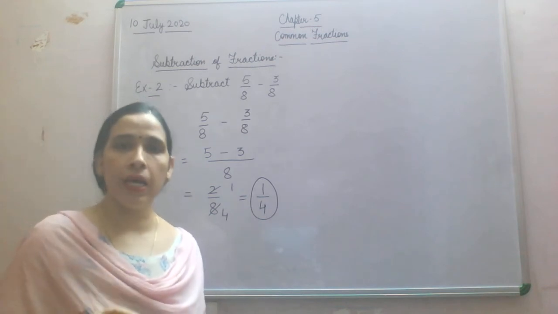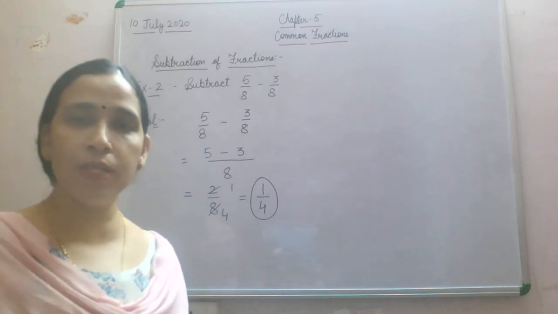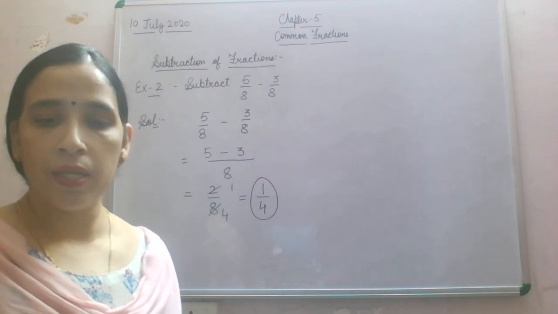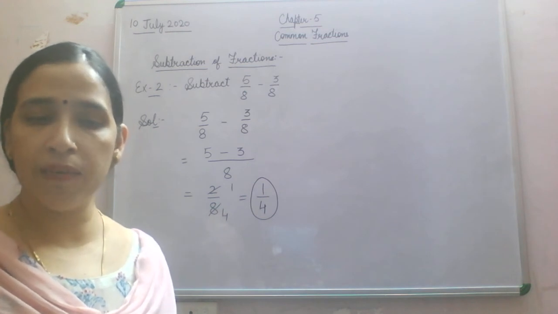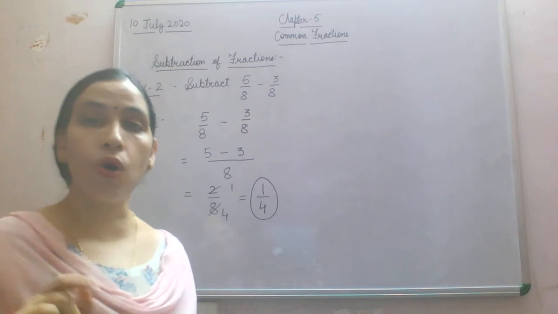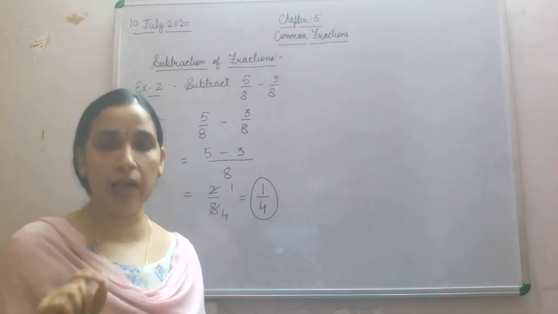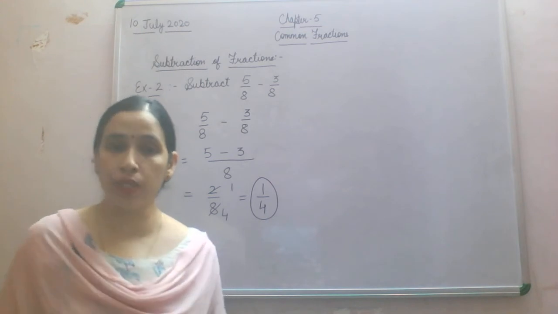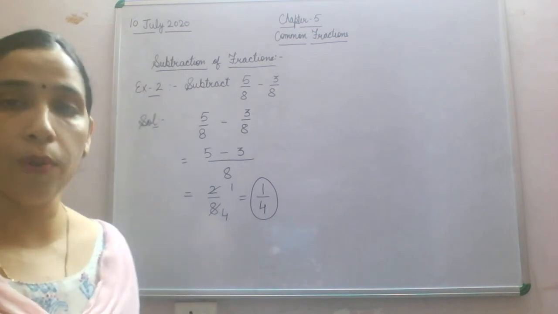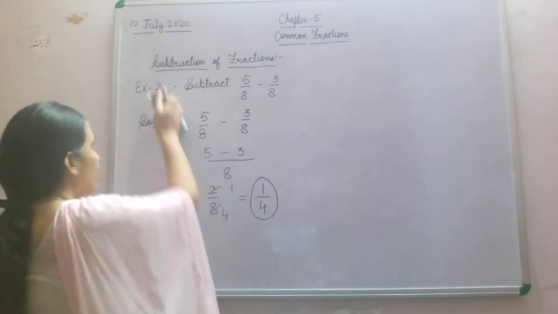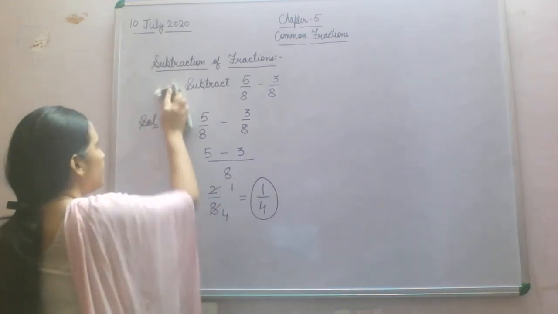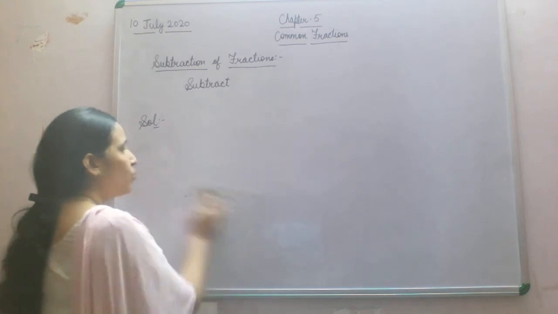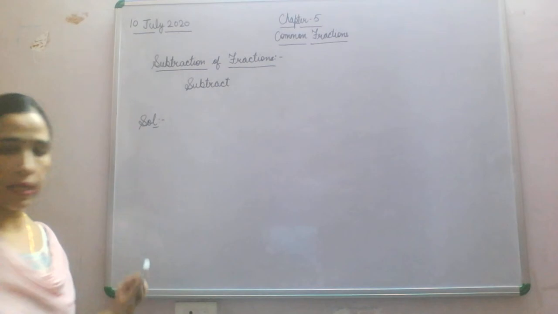It's quite easy. And now we will take examples of subtraction of like fractions from the exercise. The same kind of question we will take from the exercise, so that the concept of subtracting like fractions will be clear to you all. Now we'll start with question number 13 from your exercise, in which you have been given two like fractions and you are supposed to subtract them.